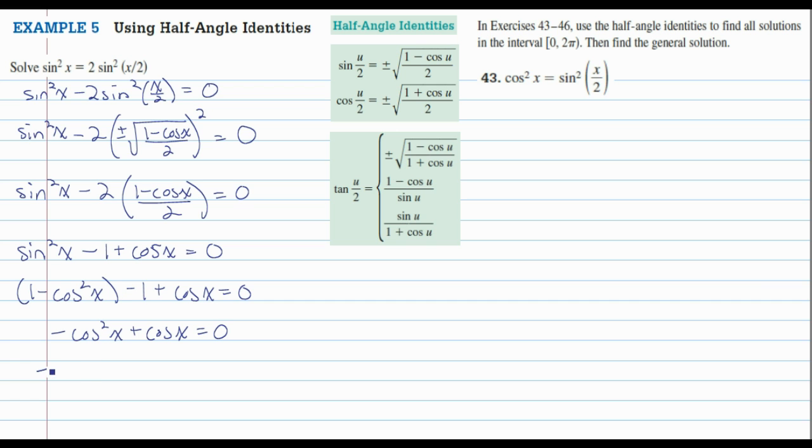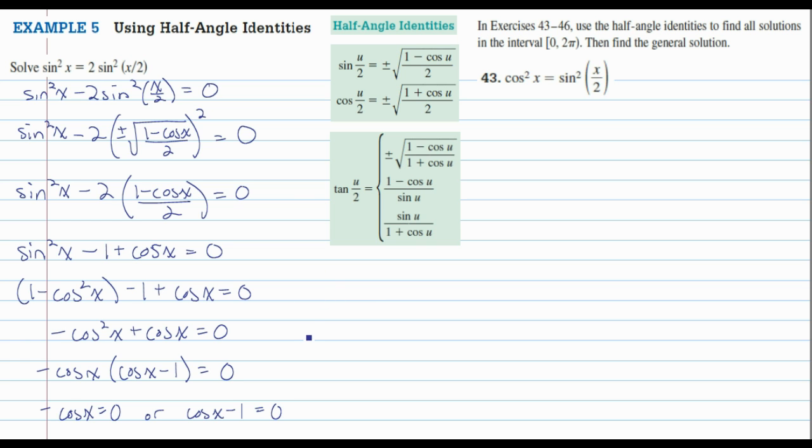So I can factor out a negative cosine of x, which leaves me with cosine of x minus 1 on the inside. So now I know that the negative cosine of x has to equal 0, or cosine of x minus 1 has to equal 0.